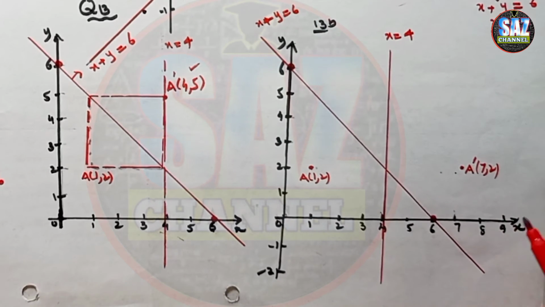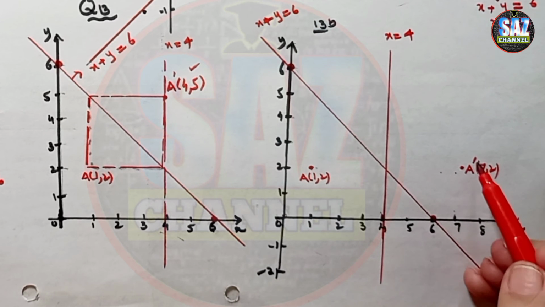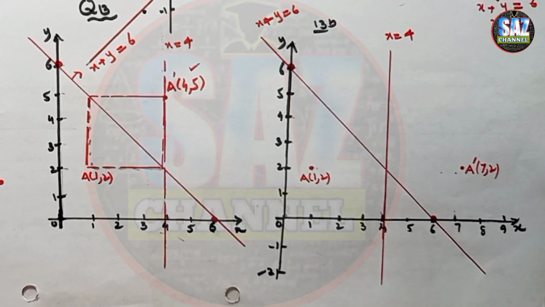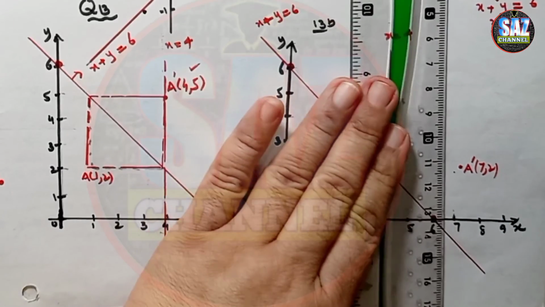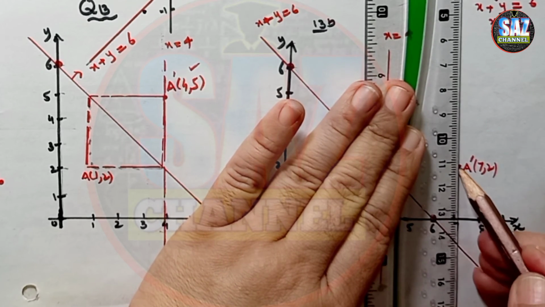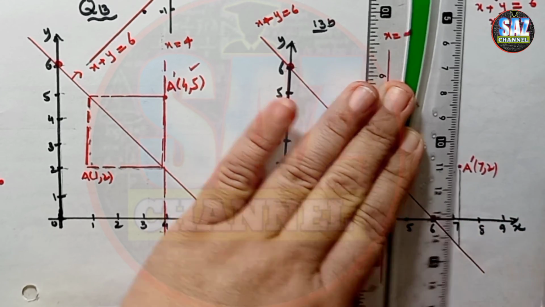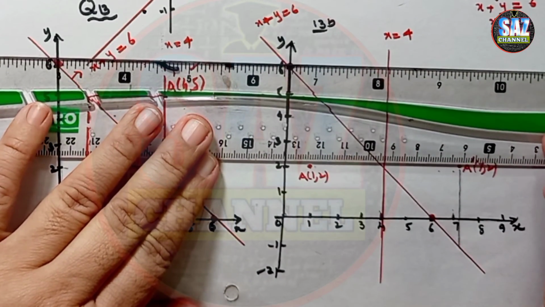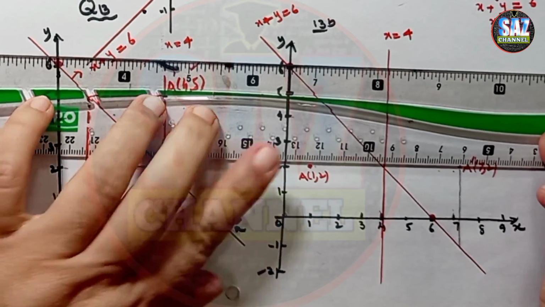Now I have to find the image of this 7 and 2 in this mirror line. So I have to complete a right triangle in this mirror line. I have to create a half part of the right triangle on one side of the mirror, and then complete the other half on the other side of the mirror line.